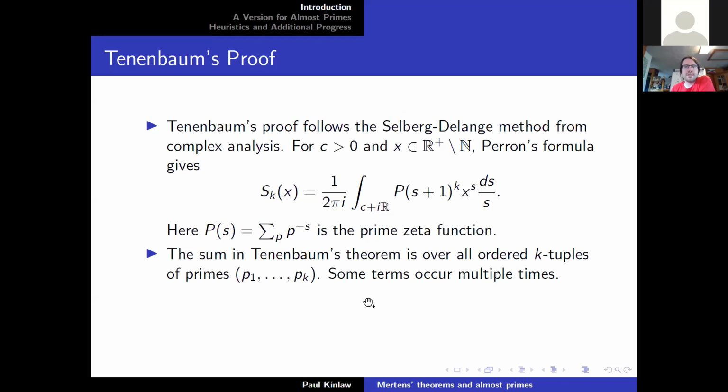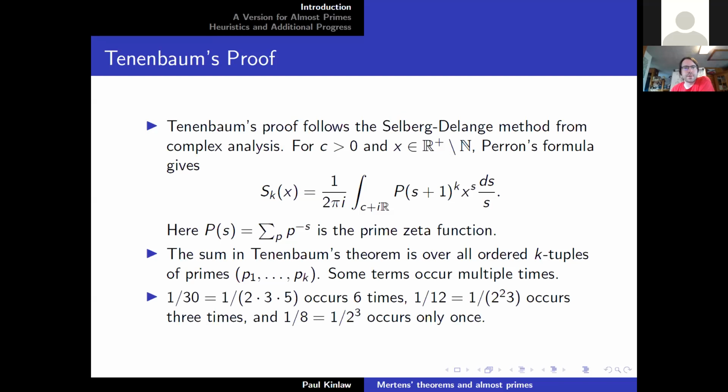Again, the sum in Tenenbaum's theorem is over all ordered k-tuples of primes p1 through pk with the product up to x. And some terms occur multiple times. For instance, if we look at the case where k equals 3, 1/30 occurs 6 times. For instance, it's 2 times 3 times 5, and it's also 2 times 5 times 3, and so on.